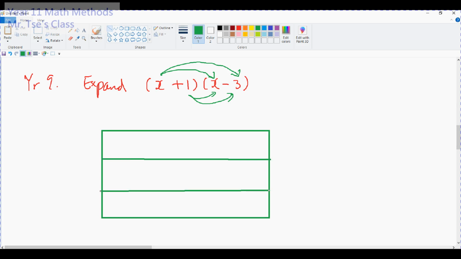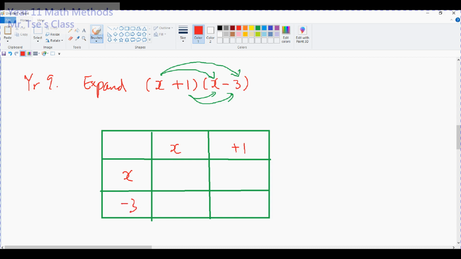This must be a 3 by 3 table, 3 rows and 3 columns. In that 3 by 3 table, you just write your first bracket over here, so x plus 1, and normally you need to carry that plus sign to the second term. And your second factor goes in the first column.